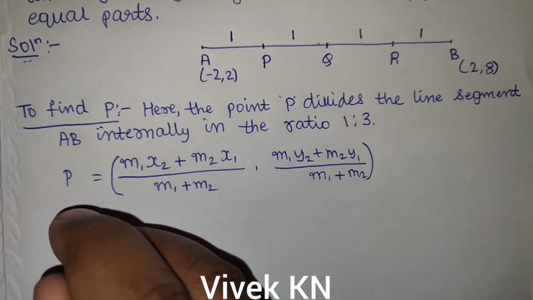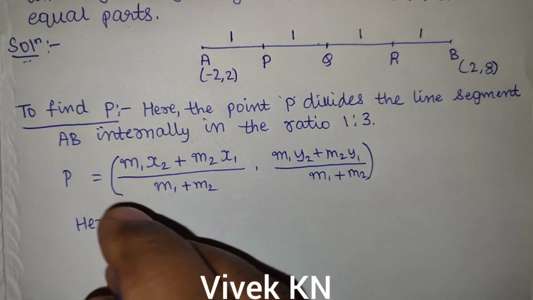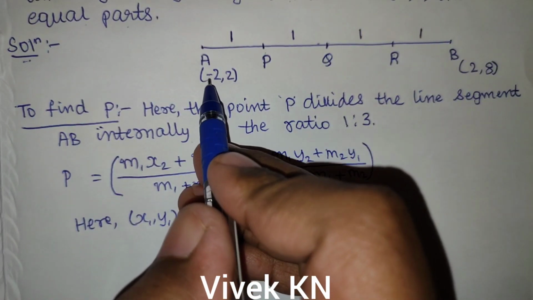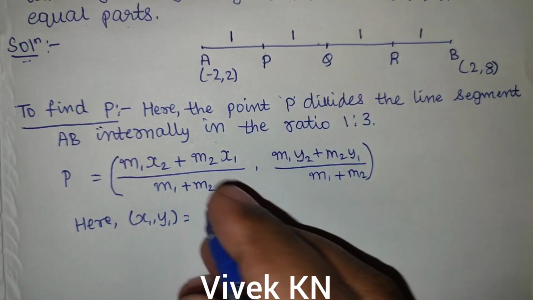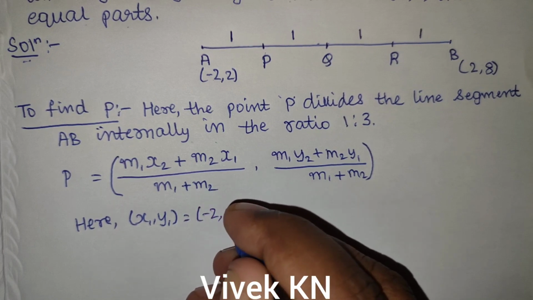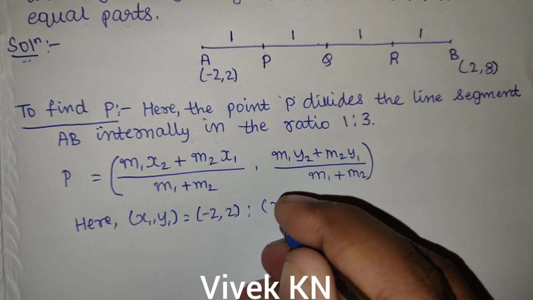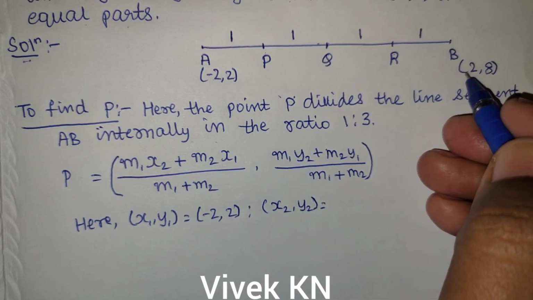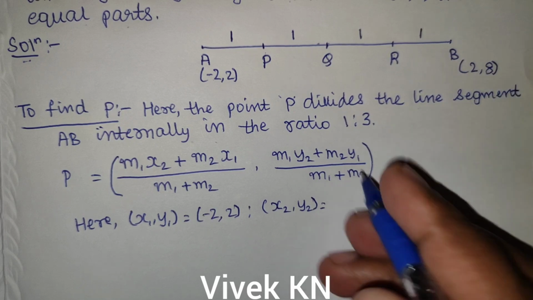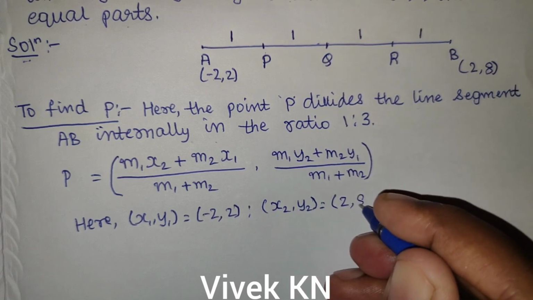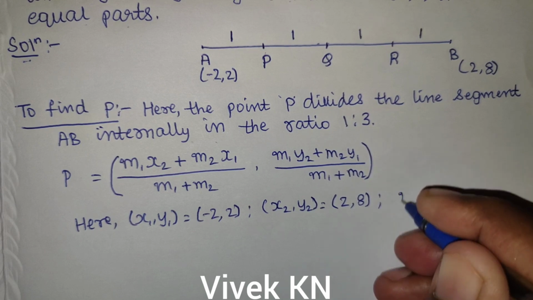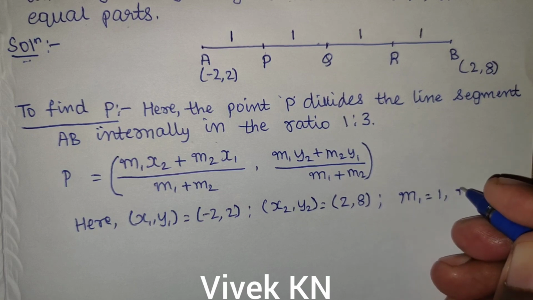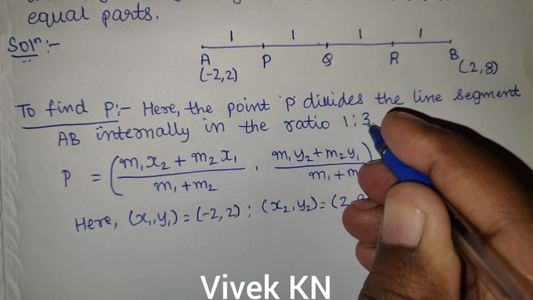Here x1, y1 is minus 2, comma 2, and x2, y2 is 2, comma 8. Next, m1 is given by 1 and m2 is given by 3.